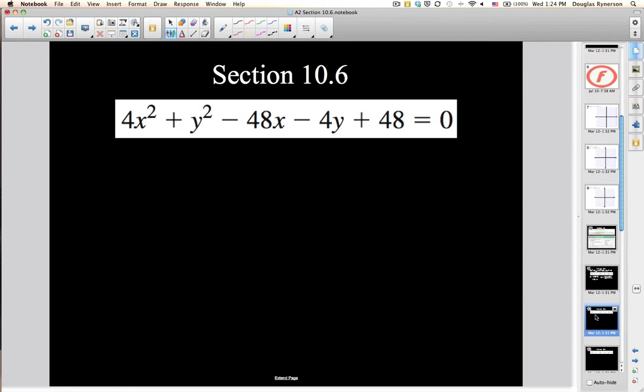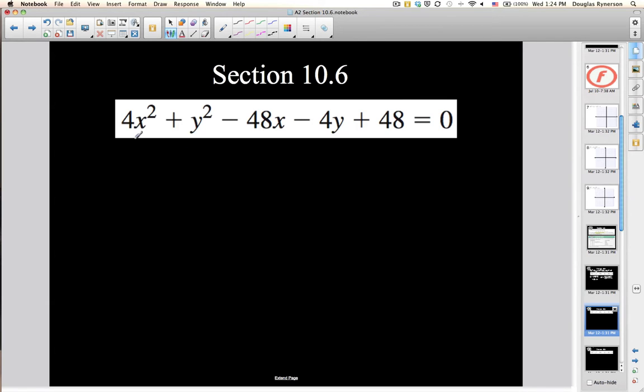Now if I want to put it in standard form, again, standard form involves the squares of binomials. All of the conic sections have the square of a binomial within the standard form.